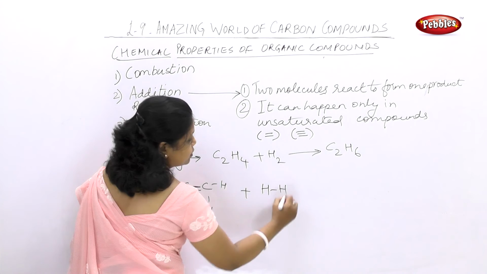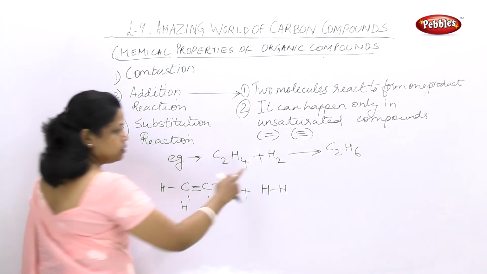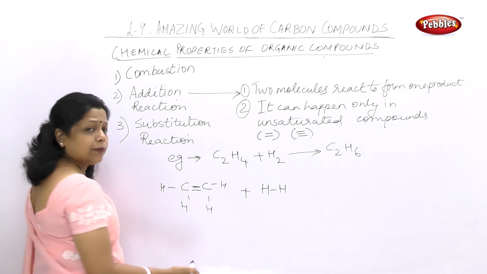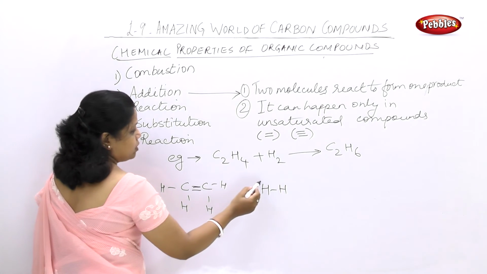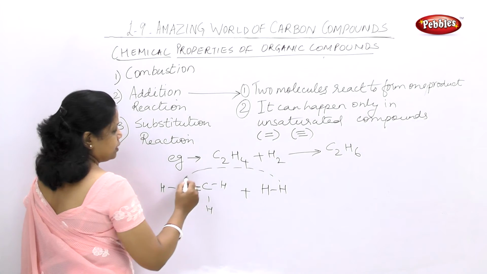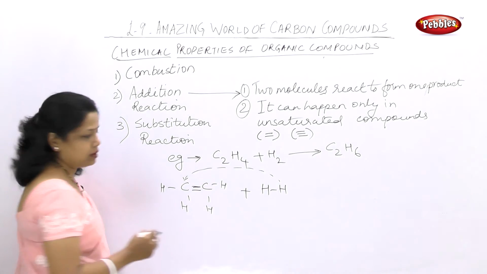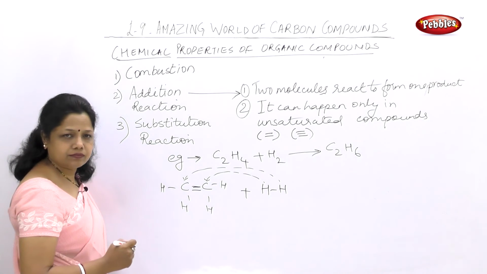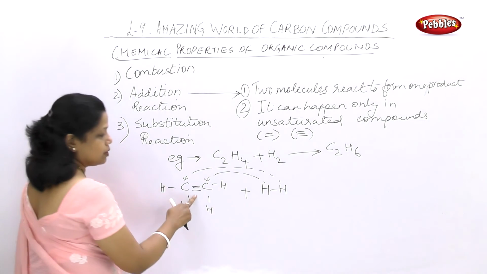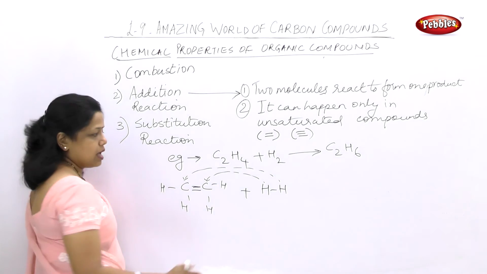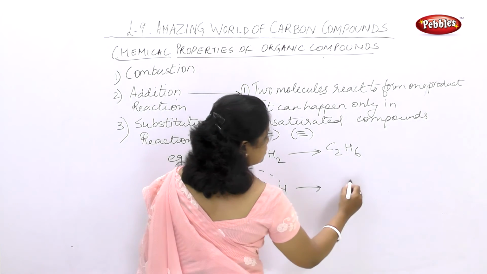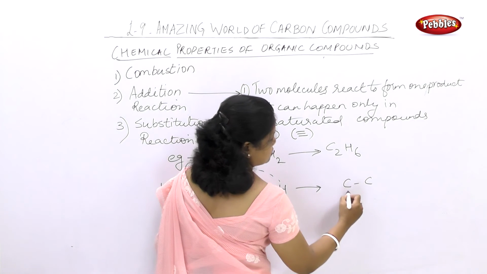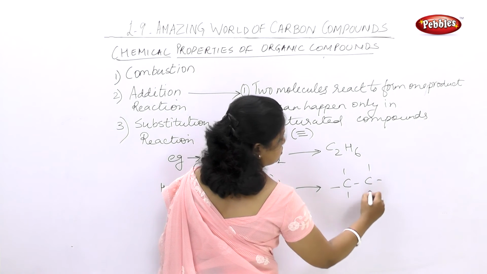One molecule of hydrogen has 2 atoms of hydrogen. Now what will happen in the addition reaction? One of the hydrogens will go and attach to this carbon. The second hydrogen will go and attach to this carbon. So what will be formed? This double bond will be broken and we will form 2 carbons and 6 hydrogens. 1, 2, 3, 1, 2, 3.